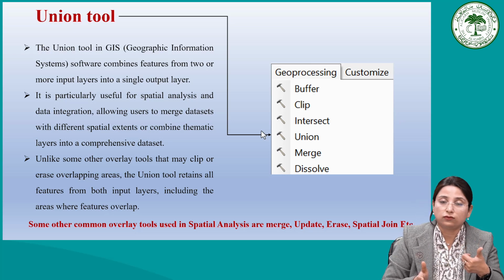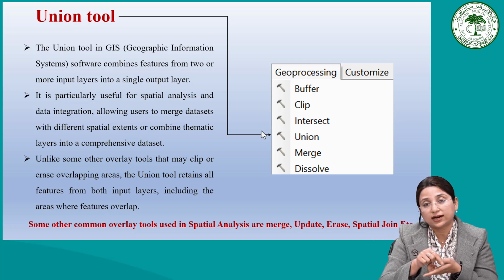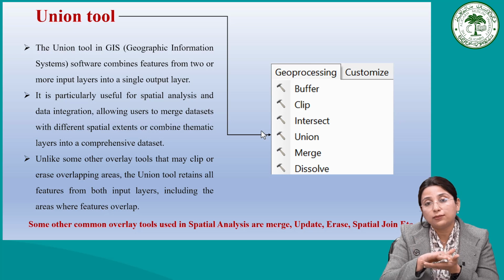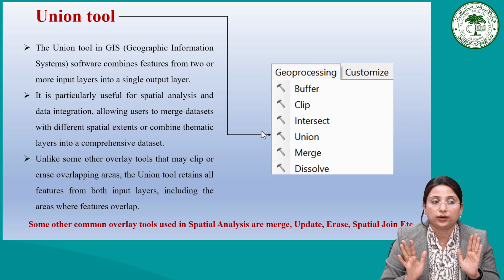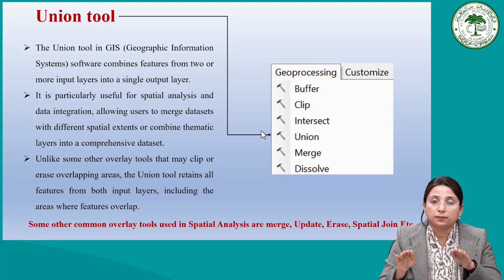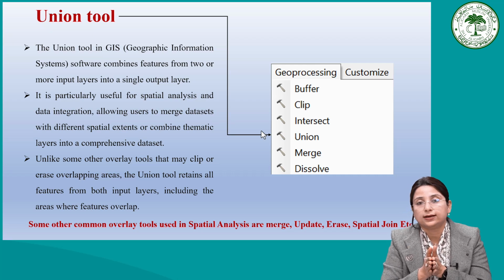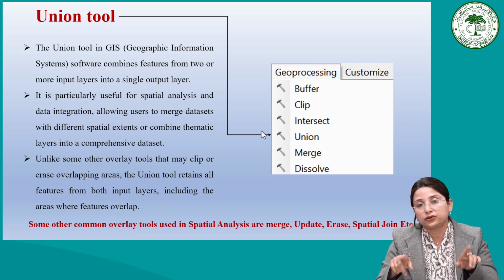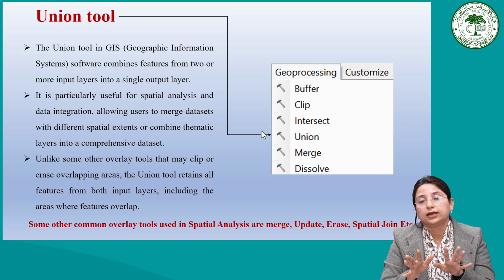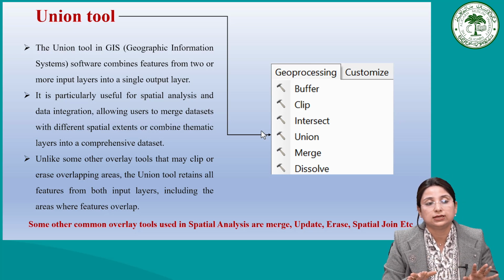In the intersection tool, we took the two layers but extracted only the overlapped or intersected portion of the data set. But here we generally merge the two layers. We are not extracting, we are including both data sets, the geometry of both, and uniting even the attributes of both data sets.